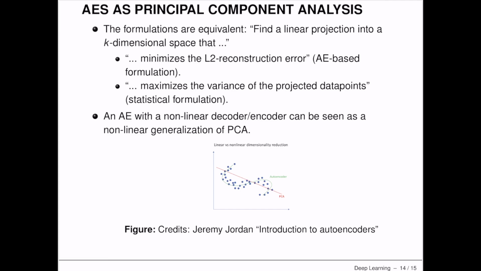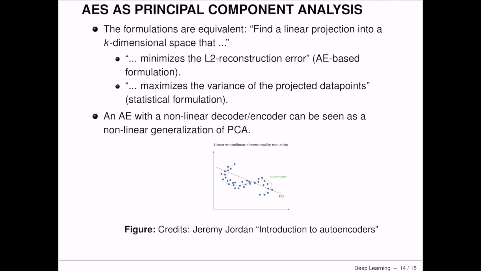So the take-home message is, if we have the special kind of autoencoder with a linear encoder and decoder, an L2 reconstruction error or L2 loss for training, and do this kind of normalization in the beginning, then training an autoencoder is equivalent to something well known in statistics called principal component analysis.